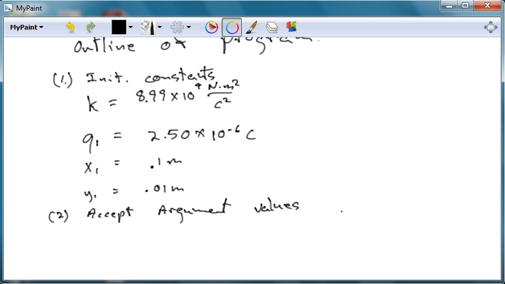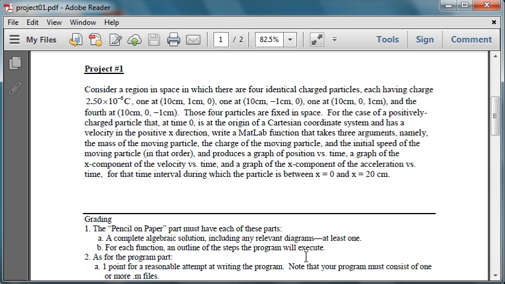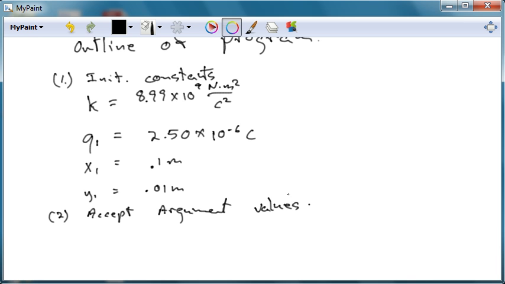Values for, what did it say? 3 arguments: mass, charge, and initial speed. QP, I think I got that one, and V0.